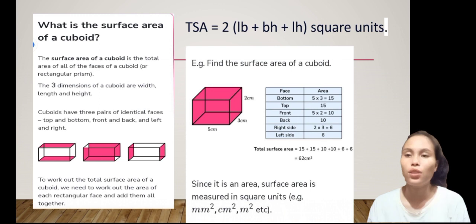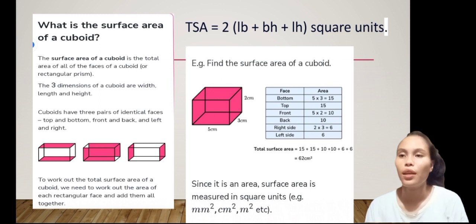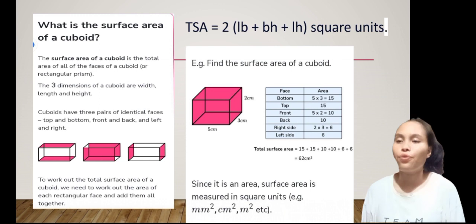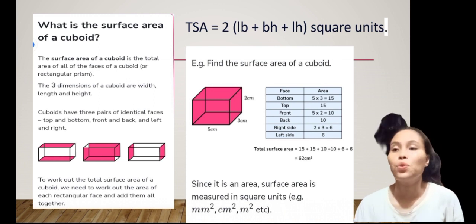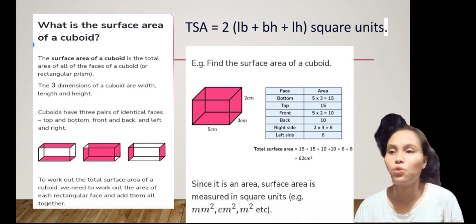To work out the total surface area of a cuboid, we need to work out the area of each rectangular face and add them all together. For example, find the surface area of a cuboid with length 5 cm, width 3 cm, and height 2 cm. Without using the formula, here is how to solve it. The bottom is 5 times 3 equals 15.